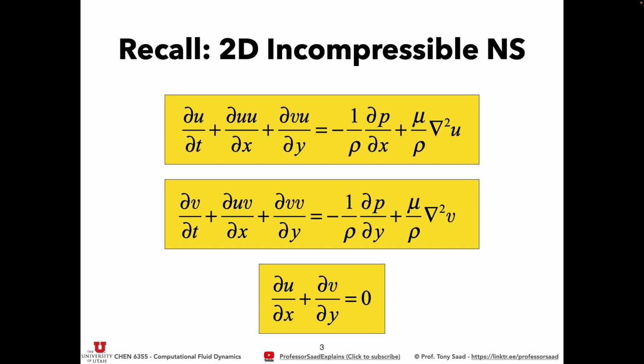I divided by the density over here, so 1 over rho dp by dx and mu over rho. Now density, we will assume is constant over here. So we will just call this term mu over rho nu, kinematic viscosity, and 1 over rho, we can absorb rho into the pressure. So you can drop that term and absorb it into pressure. It becomes a modified pressure.